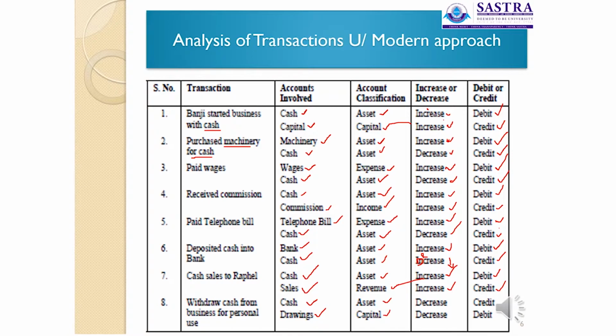Then cash automatically decrease, so that should be credited. If asset decrease, should be credited. Then capital is also decrease, so it should be debited. So this is the procedure for entering the transactions under the modern approach.